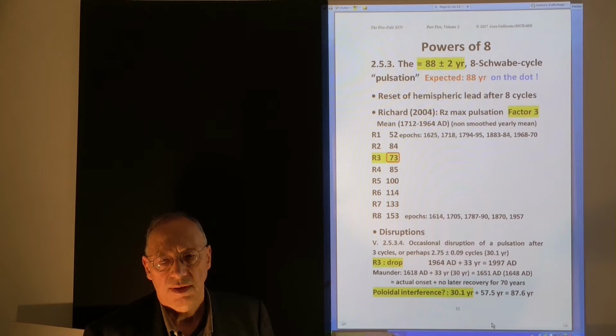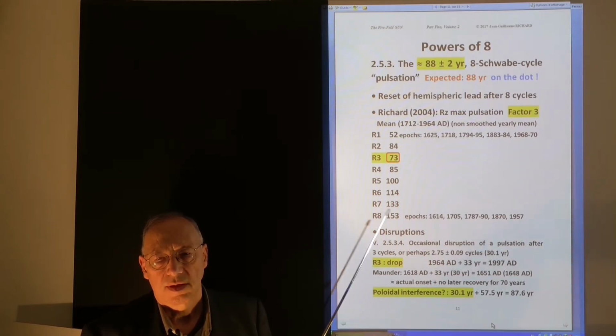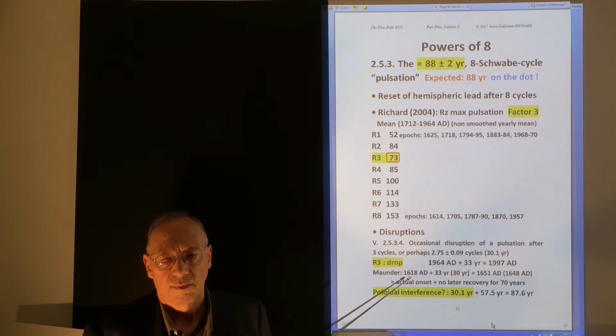If we now look at the Maunder minimum, starting from the minimum before the previous maximum, which was in 1614, you add 33 years and arrive in 1651, which is a realistic epoch for the onset of the actual Maunder minimum.